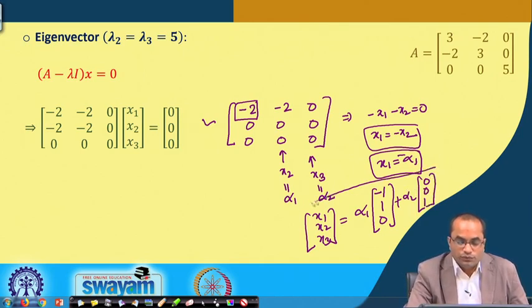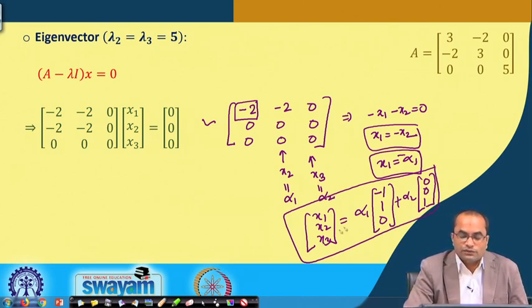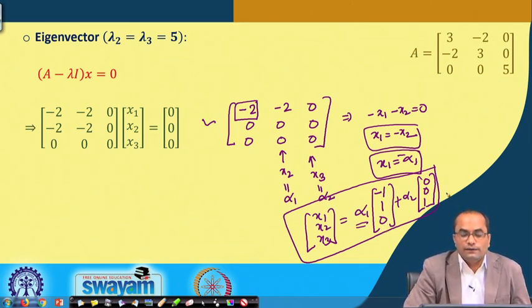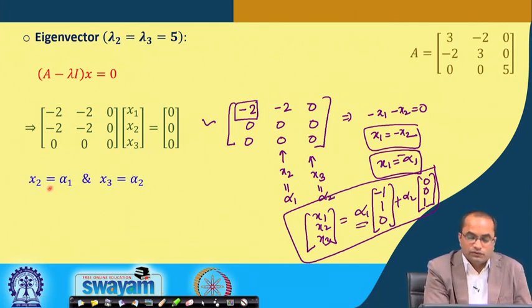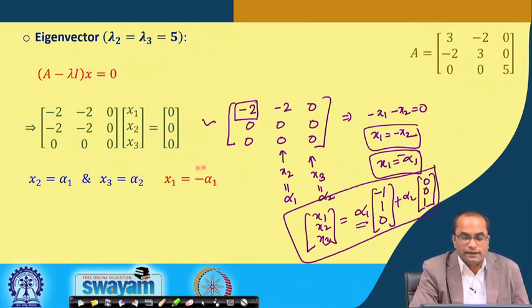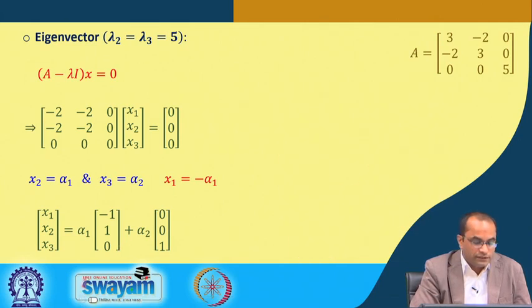So, the solution of this system of equations is x1, x2, x3 equals alpha 1 times minus 1 1 0 and alpha 2 times 0 0 1. Exactly this is written here: x2 we have chosen as a free variable, x3 also a free variable, and x1 comes as minus alpha 1, which we have evaluated.